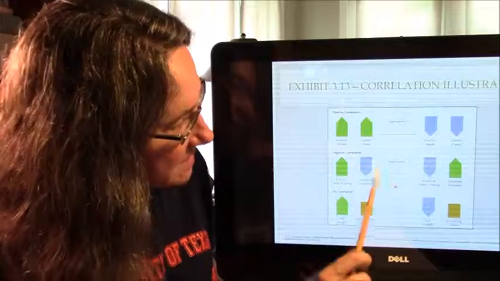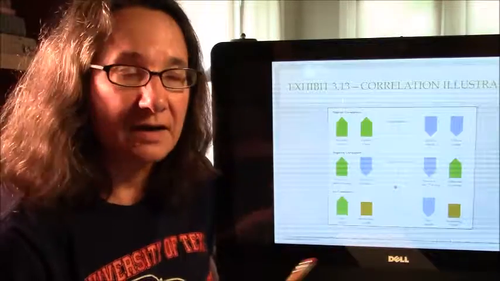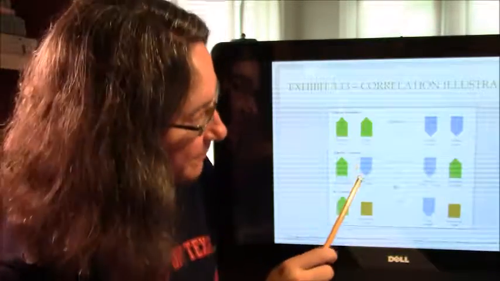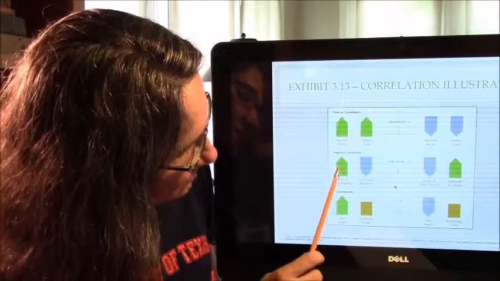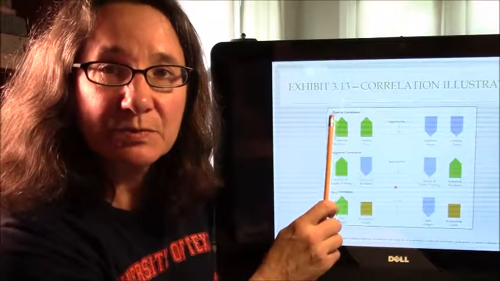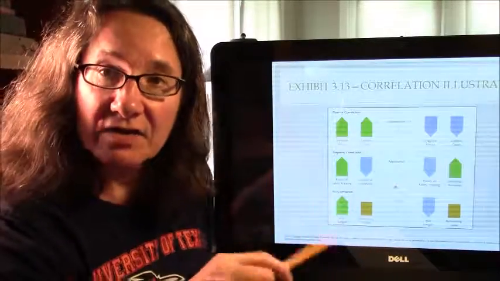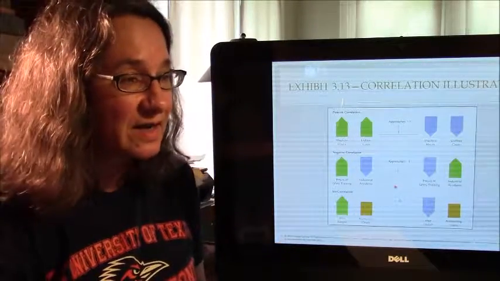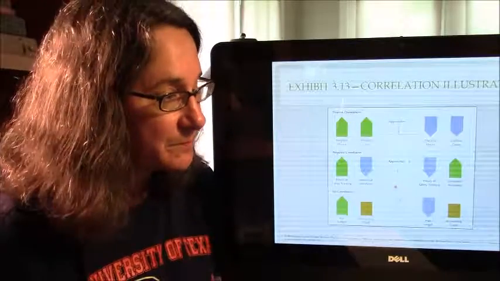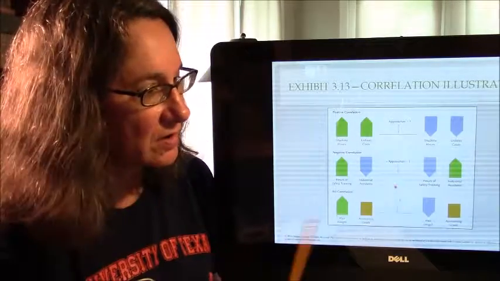All right? Some things are negatively correlated, right? So in this example, they say, hours of safety training. As I train my people more to be safe, accidents go down. Negative correlation. So a perfect negative correlation would be -1. All right. And some things are not correlated at all.